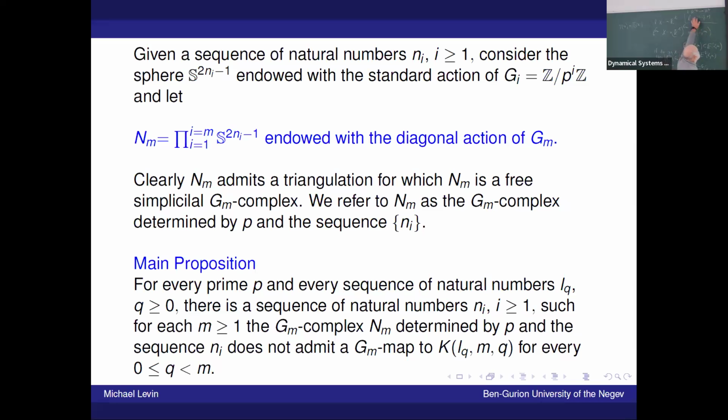I don't mention that; I believe I didn't have this slide. Anyway, in order to get the Borsuk-Ulam type theorem that we stated earlier, we need to take the sequence l_q equal to q plus 1. So it's a more general result.